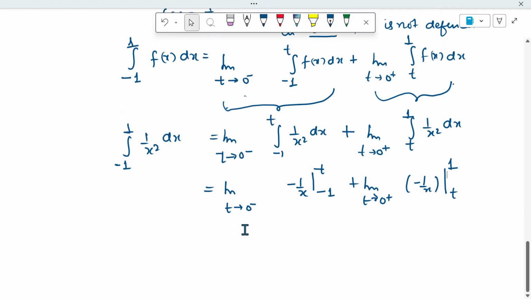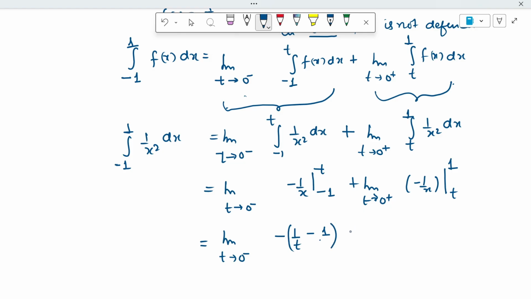Now we will put the values. Limit t tends to 0 minus, so -1 by t and -1 by -1, that is 1.